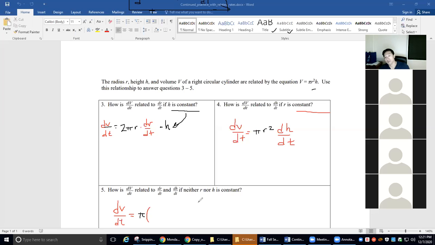Someone can start off telling me what they chose as their first, what they took derivative of first versus the second derivative.